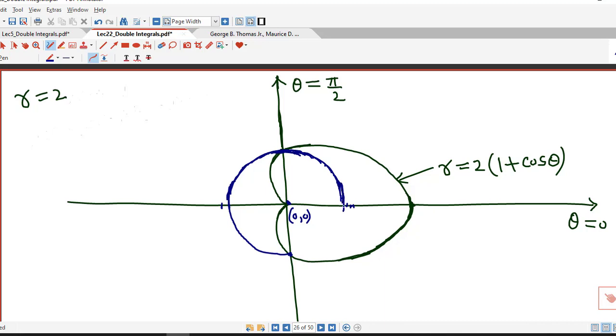This is the circle with center origin and radius 2. This point is 2, 0. This point is the ordered pair 0, 2. So r equal to 2.